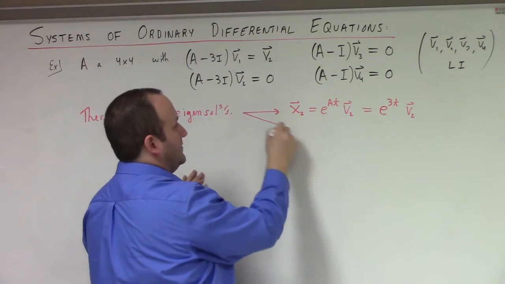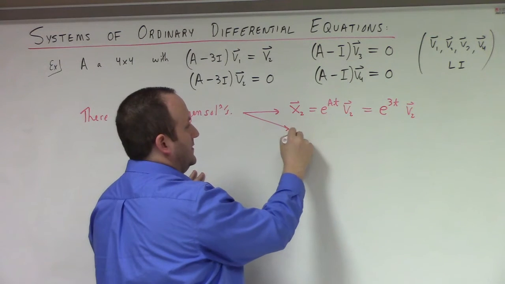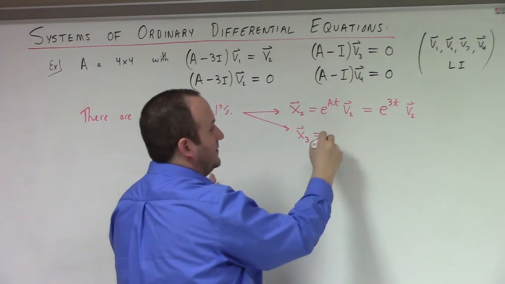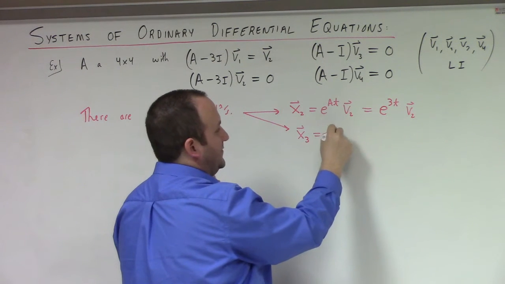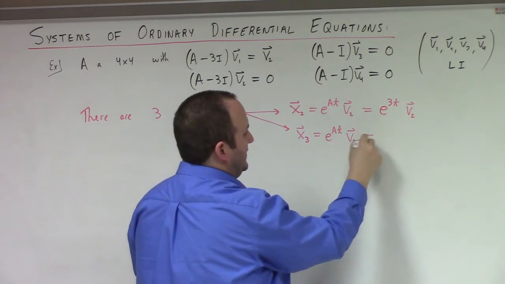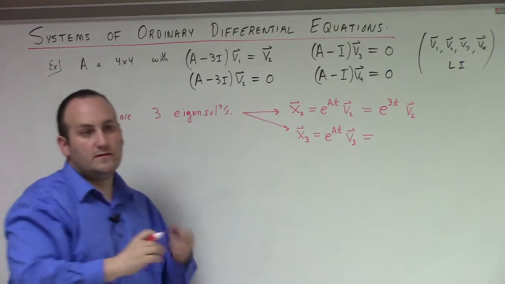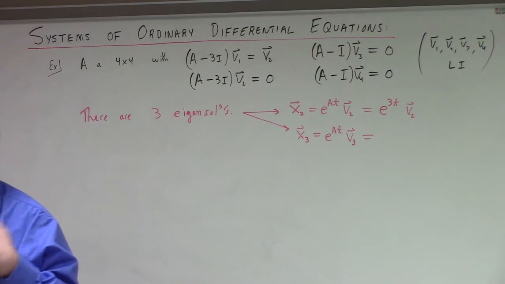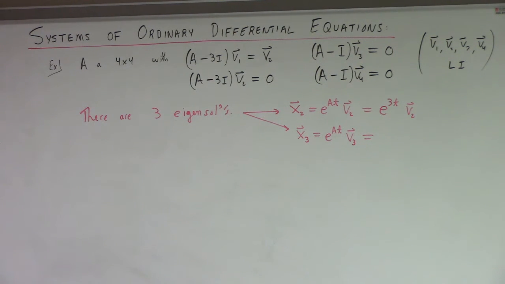And also, what else do we get? x3, using the same numbering, I've got e to the At times v3. How do I know that the exponential times a vector gives me another solution? There I'm using something I haven't proved for you, which is that this is a homogeneous linear differential equation.